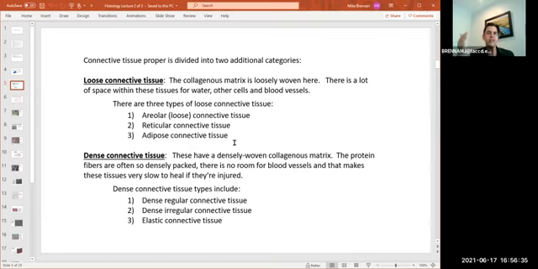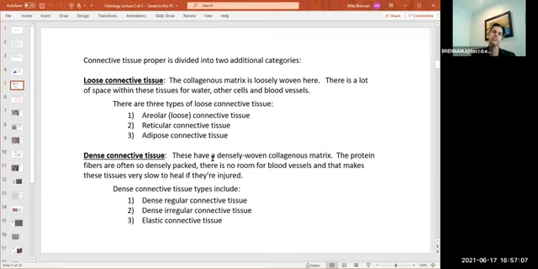Or is it really tightly woven like silk or a really high quality cotton broadcloth? So the 3 types of loose connective tissue are, number 1, areolar or loose connective tissue, which forms fascia, layer of connective tissue between organs, between muscle and muscle, between muscle and bone, between other organs. And then we have something called reticular connective tissue. And then a third one, adipose connective tissue.